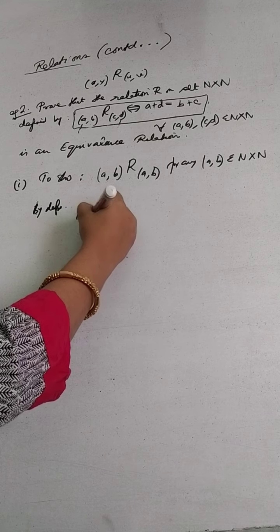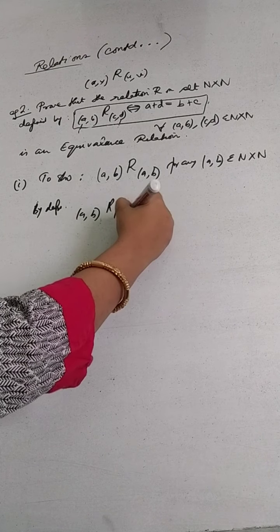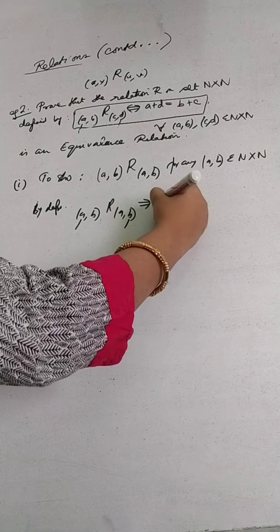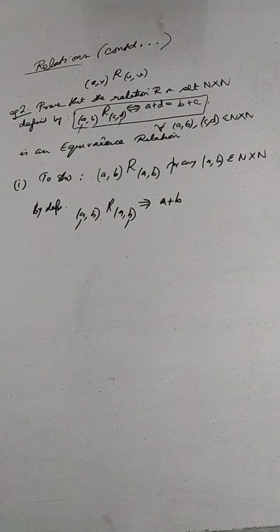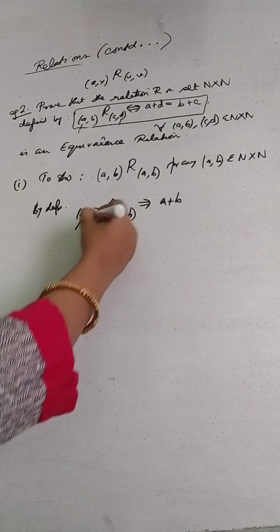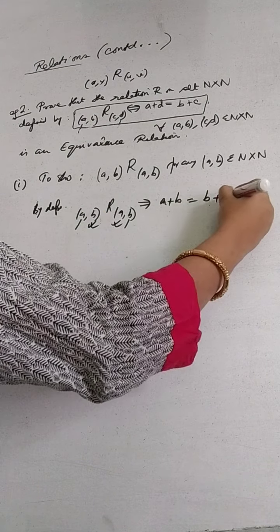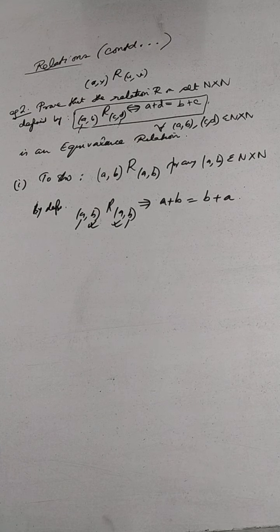AB related to AB implies, this is the first component, this is the last component, so A plus B is equal to, this is the first, this is the second, B plus A. This is what it gives us.